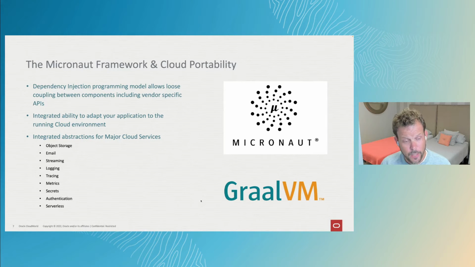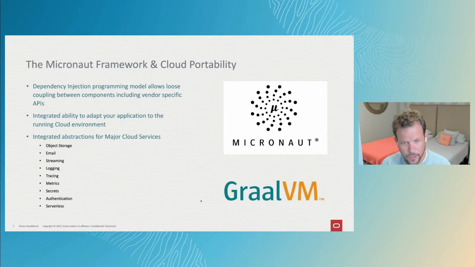And it has integrated abstractions for major cloud services. So if you think about different cloud services like object storage, email, streaming, logging, the clouds often provide the services to your application for all of these different characteristics.